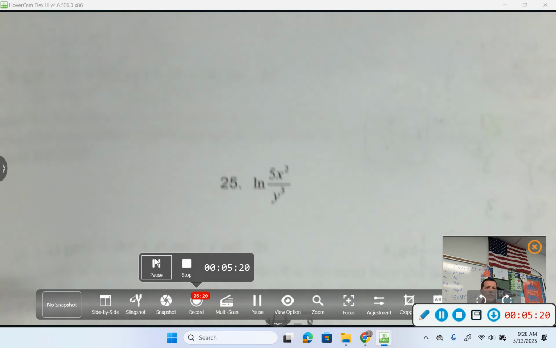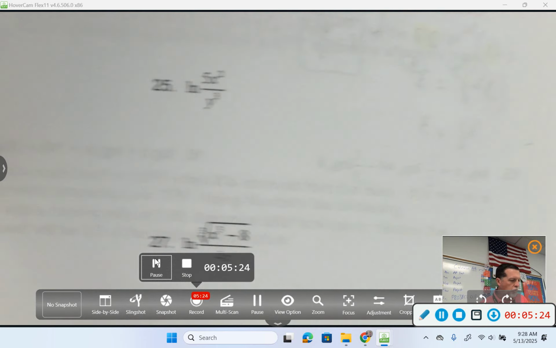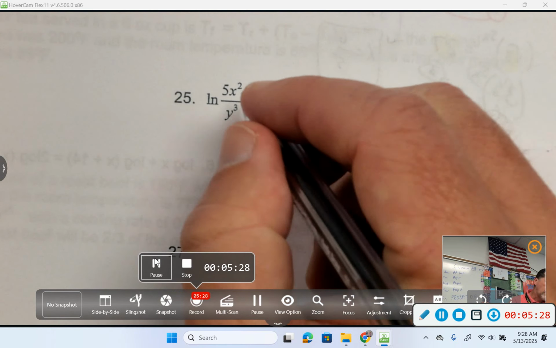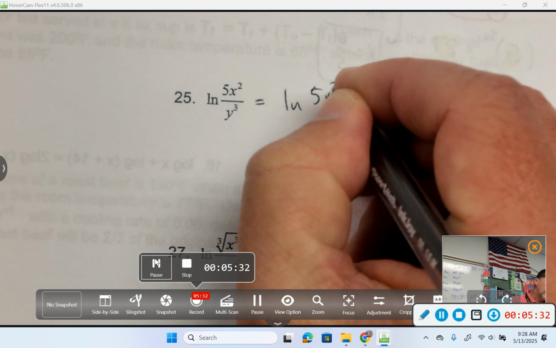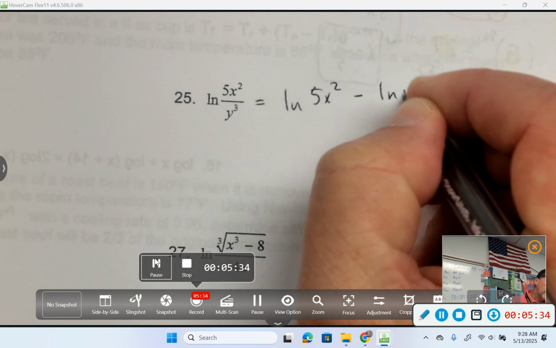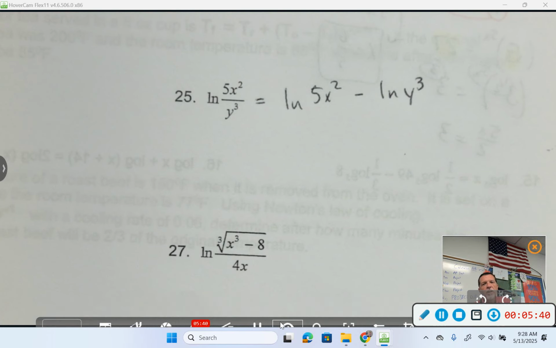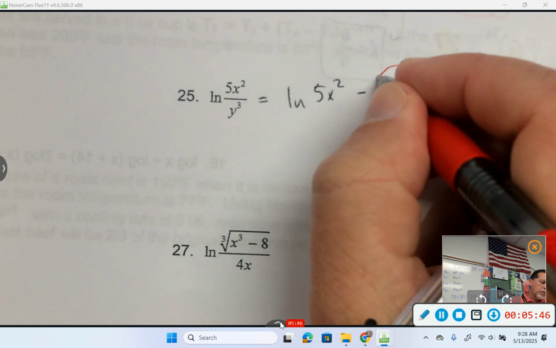Let's jump down to 25. Let's see, I guess I should read the directions. Expand. Okay, so anything multiplied is positive, anything subtracted is negative, but I'm not done yet, right? I can't just stop there, because what else can I do? The exponent, so I can definitely move the 3 out to the front.